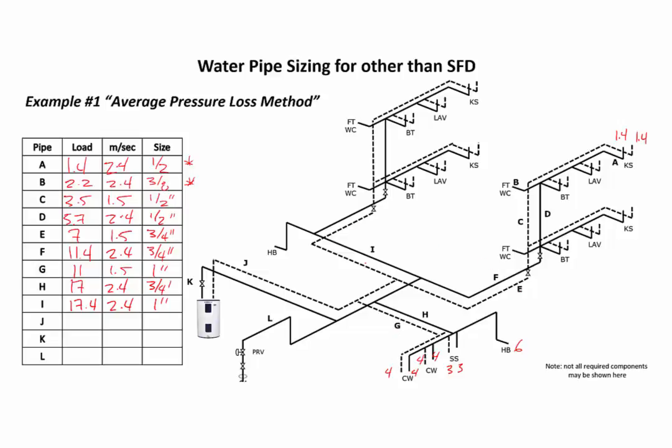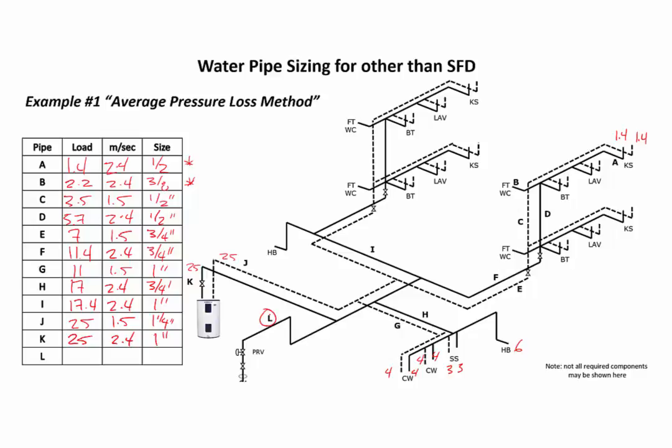So for the total at the hot water tank, we should have 25 fixture units. So that's 25 leaving the tank, 25 supplying the tank at different velocities. So J is 1.5 meters per second for 25 fixture units. That's 1.25 inches. But K, same load, different velocity, 2.4 meters per second, is 1 inch.